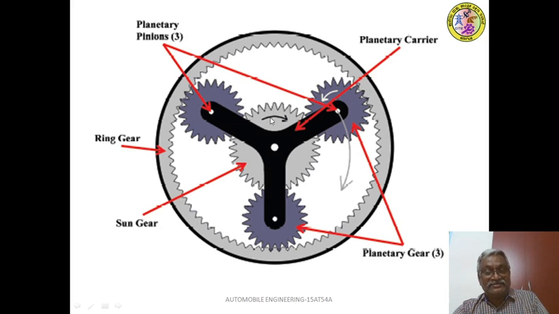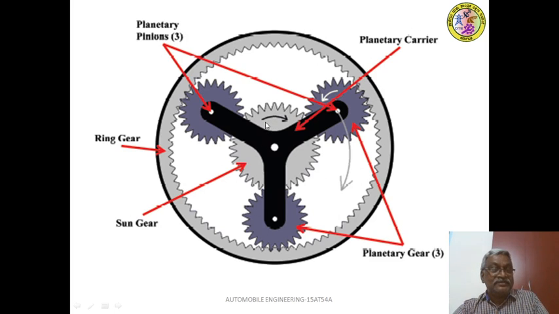You can see here the sun gear is rotating in clockwise direction, the planetary pinions are rotating in anti-clockwise direction about their pins, but these planetary pinions walk on the teeth of the stationary ring gear. Therefore the planet carrier is also rotating in clockwise direction. The axle shaft is rotating in clockwise direction, whereas this wheel hub is also rotating in clockwise direction.